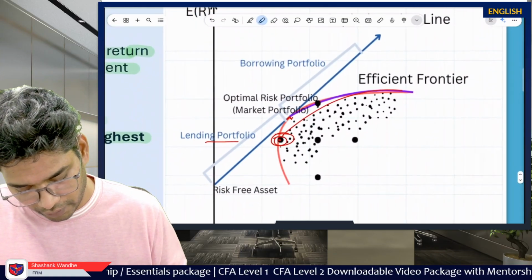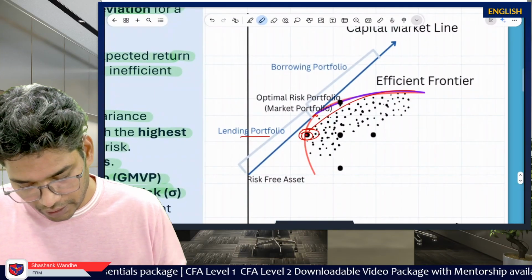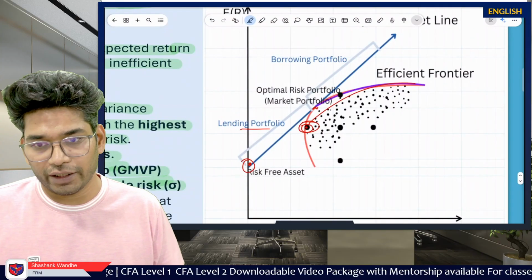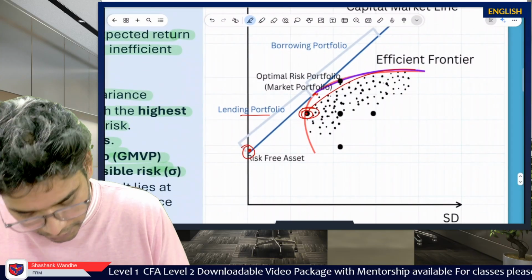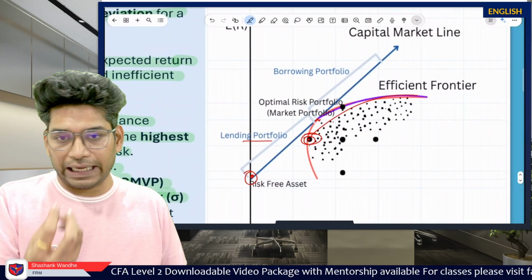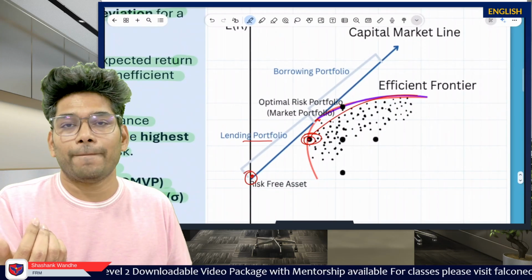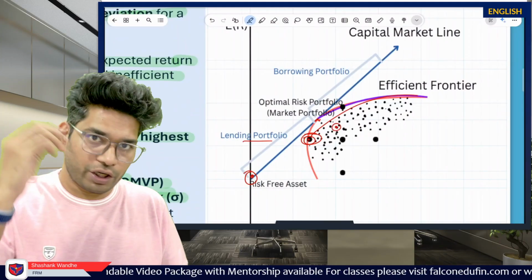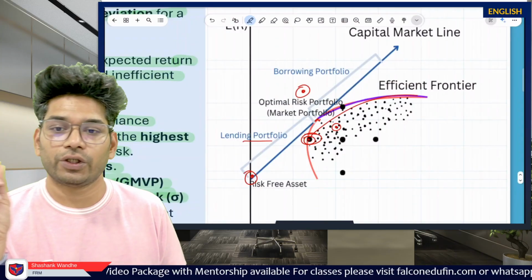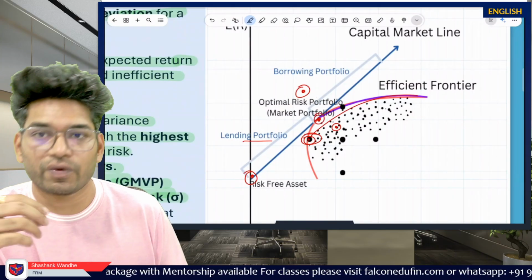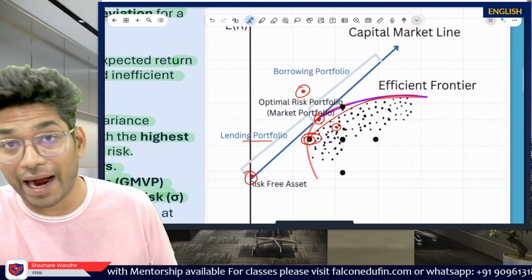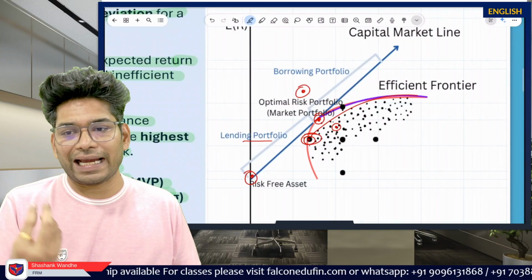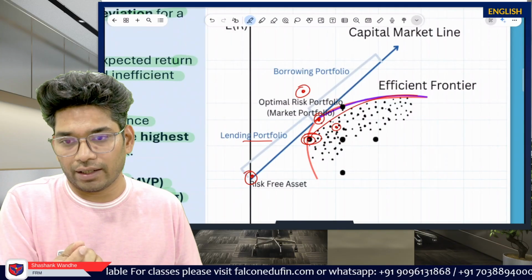Now, you have this particular structure. Here you have the risk-free asset and you have the efficient frontier. When you start combining any of the portfolios, let's say this portfolio or your hypothetical portfolio, this particular portfolio, which we call the tangency portfolio, market portfolio, the investor will start combining the risk-free asset and the risky assets.